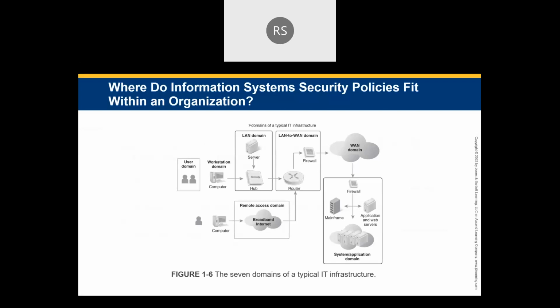And finally, we go to the remote access domain. This focuses on providing secure remote access to the organization's resources for authorized users. It involves implementing and managing technologies such as VPNs, remote desktop servers, multi factor authentication, and also secure remote access policies.